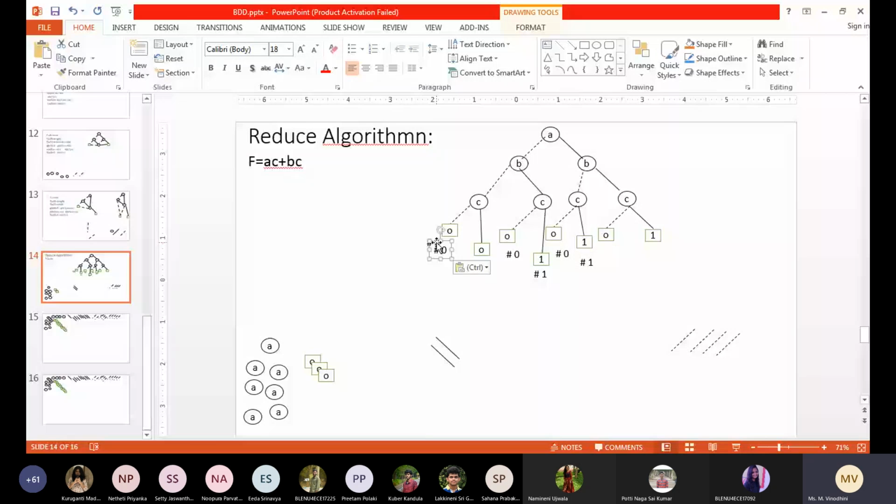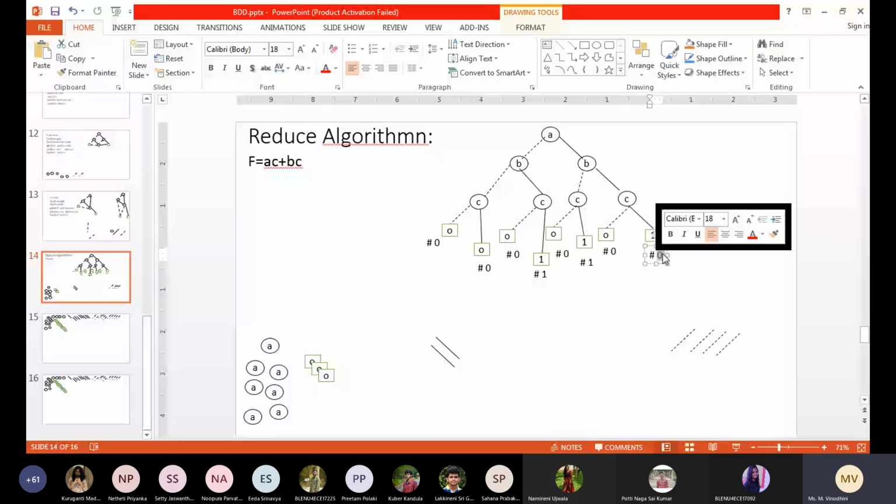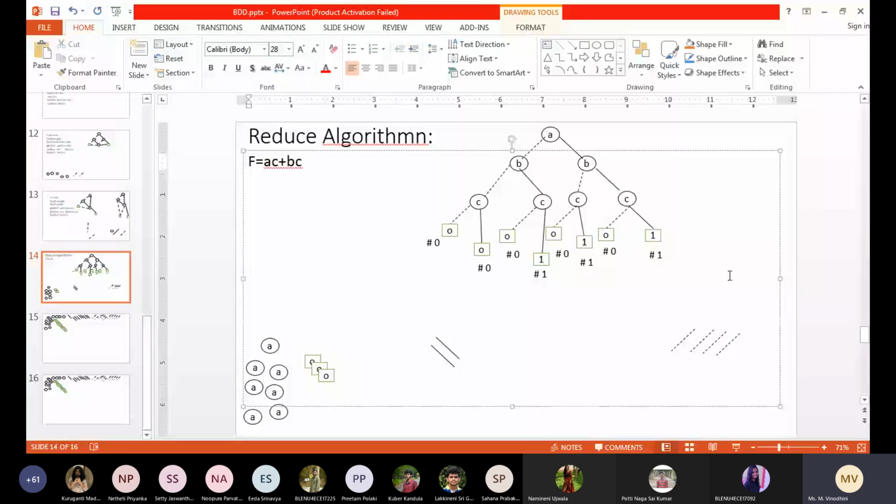For this it is 0, and for this it is 1. So first you have to start from the leaf nodes. As per the values present inside, you write number 0, 0, 0, 1, 0, 1, 0, 1.